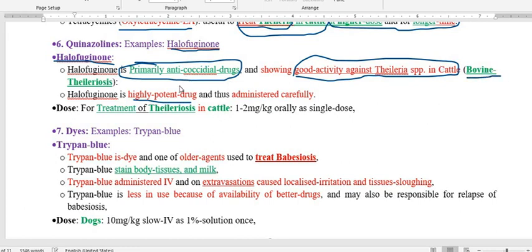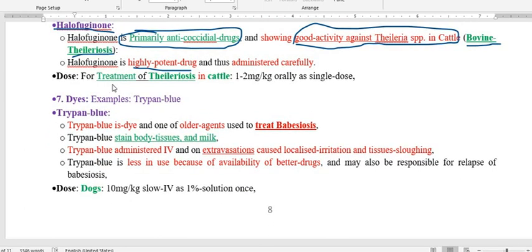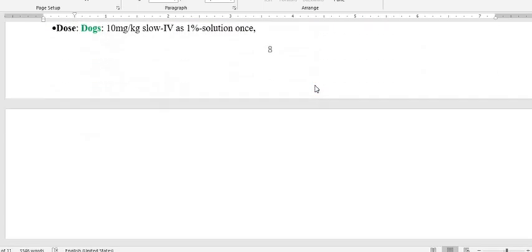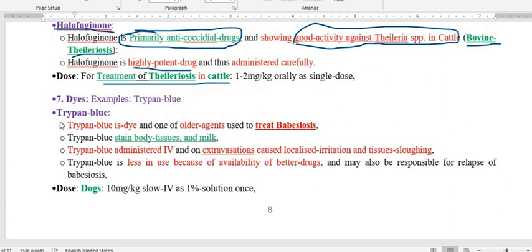Halofuginone is not very costly but is a highly potent drug, mainly for coccidia. So for bovine theileriosis, we use halofuginone. The dose for cattle is 1 to 2 mg per kg orally as a single dose.